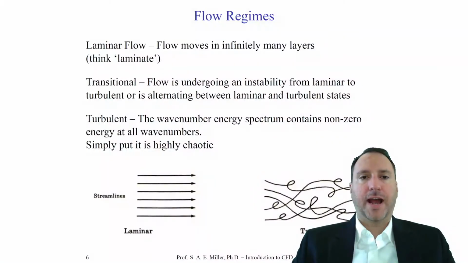The first is laminar flow, which moves in perhaps infinitely many layers, and you can think of this as perhaps a laminate. You can imagine taking your hands and sliding them across together in a laminate way. The streamlines and fluid volumes that are being moved and transformed within the flow are not crossing each other. They're just being continuously deformed. This is typically what we call a laminar flow.